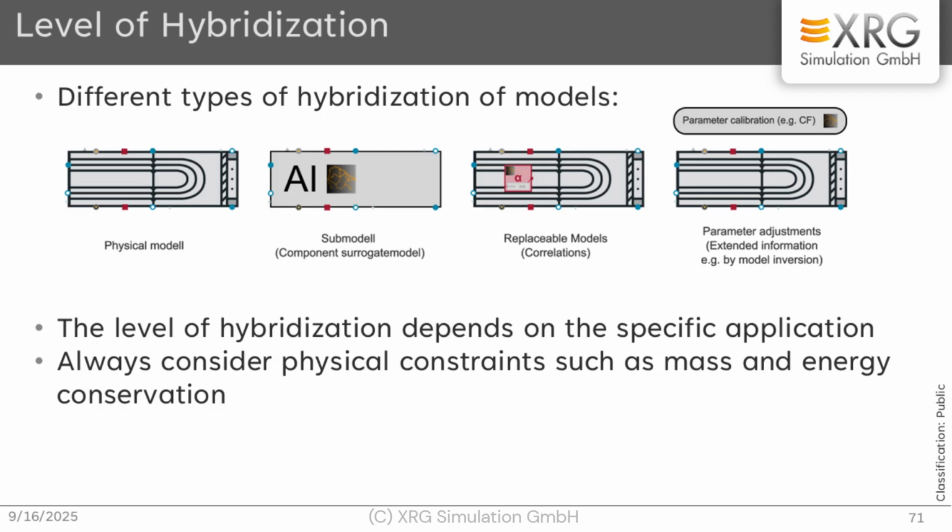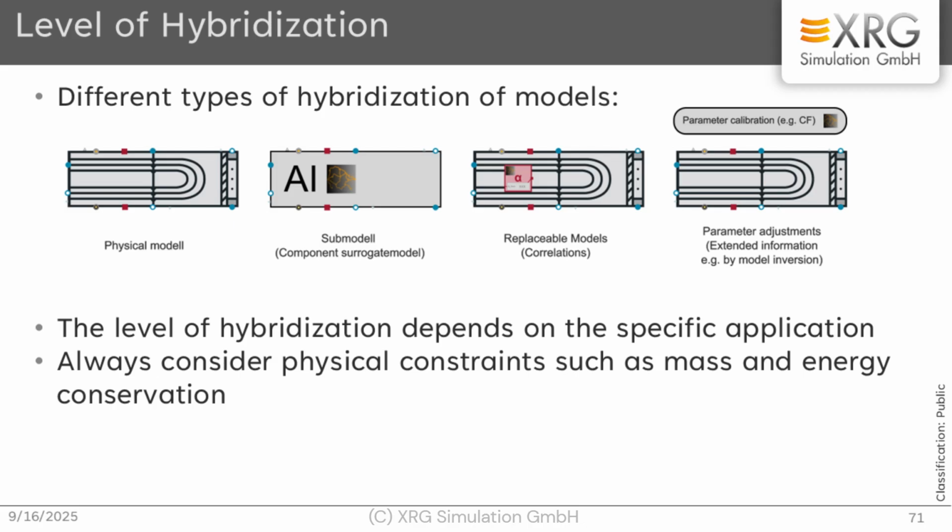You could also use it just for some parameters you want to adjust, some correction factors or something like this. When you have measurement data, it should also be quite useful. It always depends on what kind of application you have and what you want to achieve.